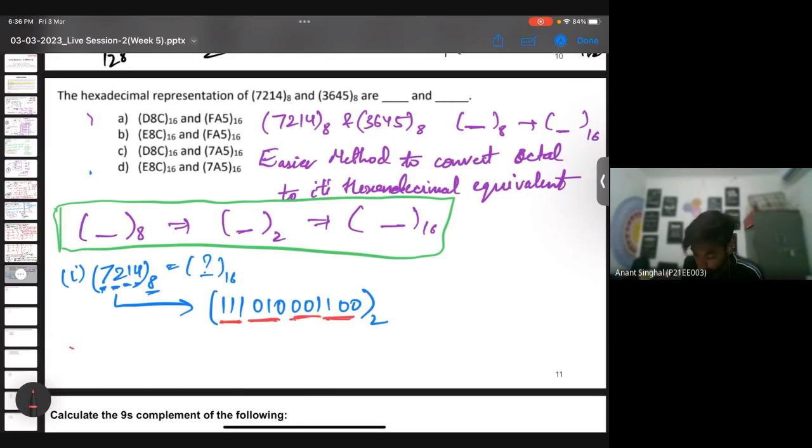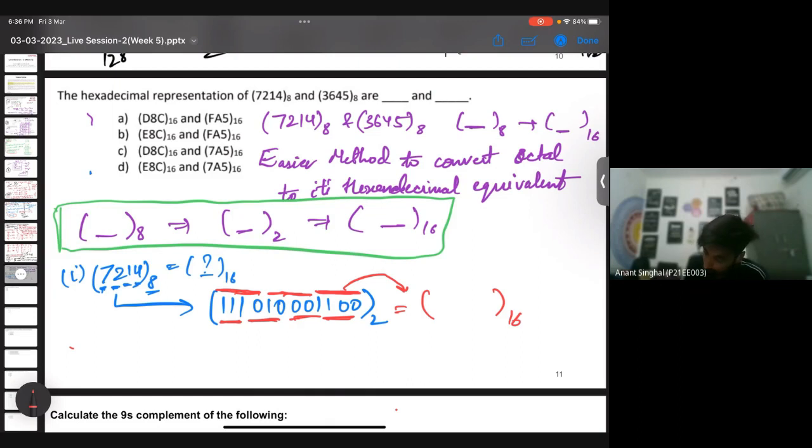Now after converting it to binary, take groups of 4 from the LSB, which is the least significant bit. Whatever these groups of 4 are, just write their hexadecimal equivalent and you will directly get the answer. This is the shortcut associated with this problem.